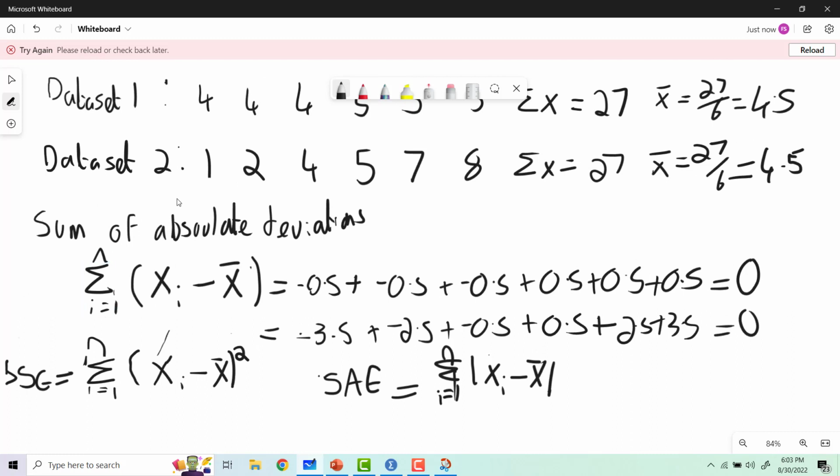So let's just go to my data set here. We'll remove that for the moment. And let's just calculate the sum of squared error.